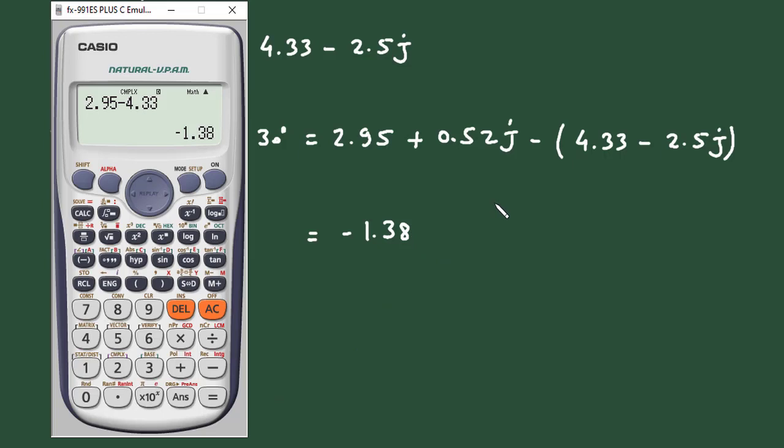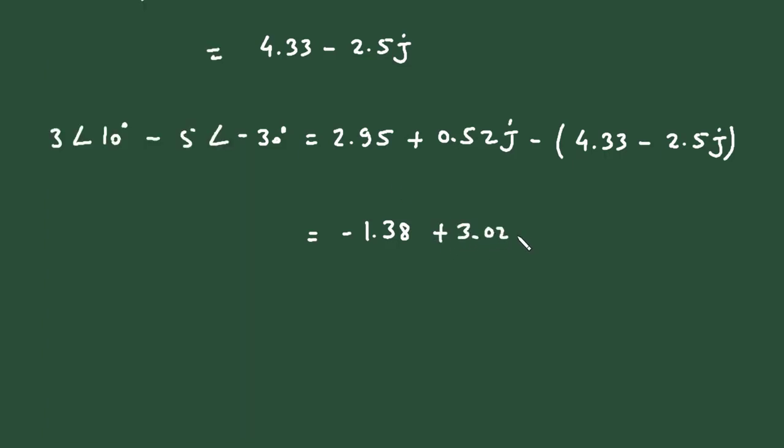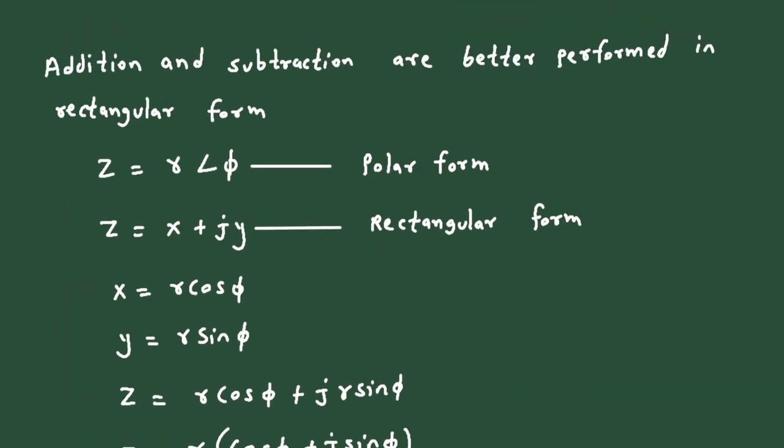And here this is 0.52, then minus minus 2.5, so plus 2.5. So it is 3.02j. So this is the final answer we are getting in rectangular form.